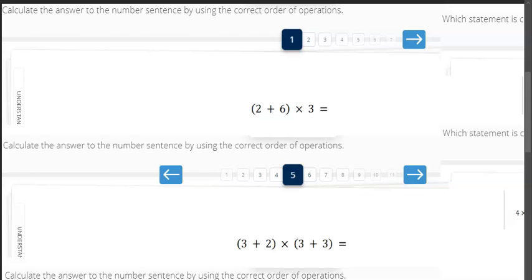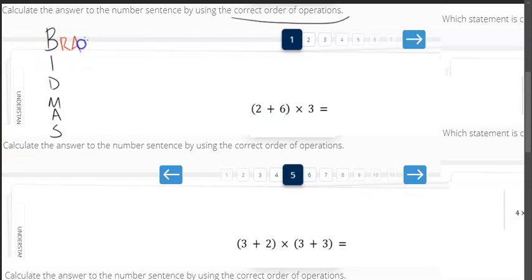This one here is a very plain and simple one. Calculate the answer to the number sentence by using the correct order of operations. If you are familiar with BIDMAS, you can go ahead and just attempt the question, but for those who don't, BIDMAS, which we did explore before within class, stands for the following.